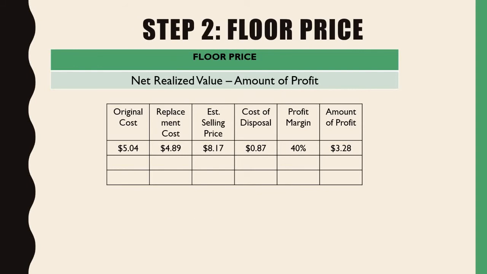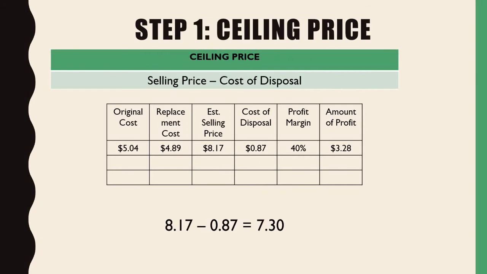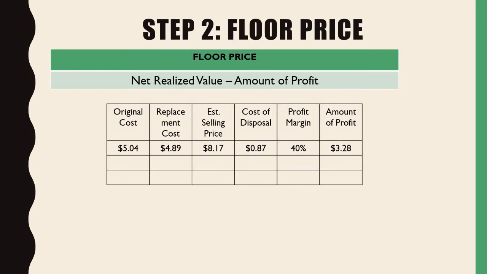Now, step 2 is to solve for the floor price. The definition of floor price is net realizable value minus the amount of profit. What we do know is that the net realizable value is your selling price minus your cost of disposal. That's how much it's supposed to be worth. So I'm going to take my net realizable value and subtract the amount of profit I have.